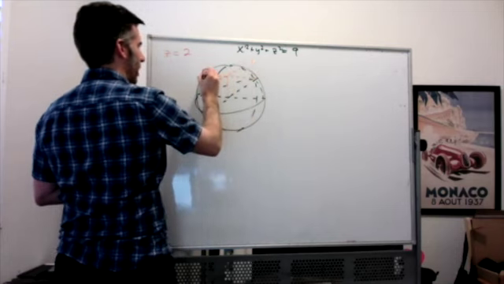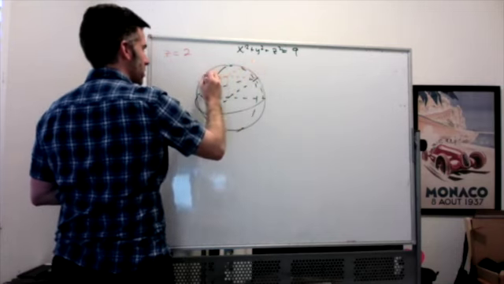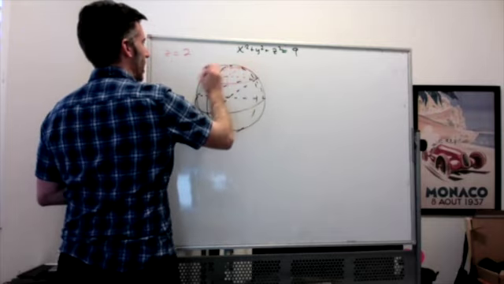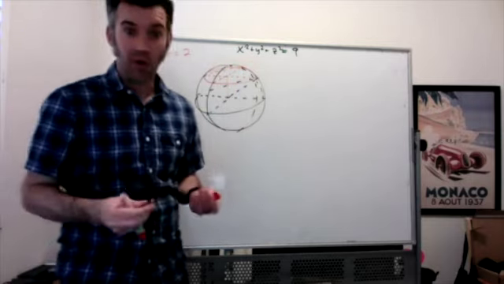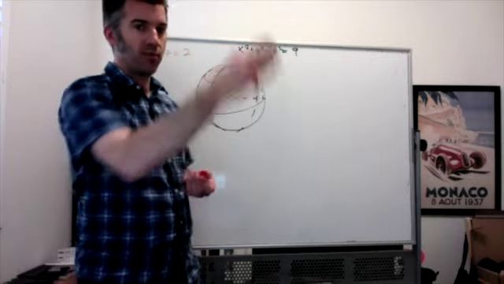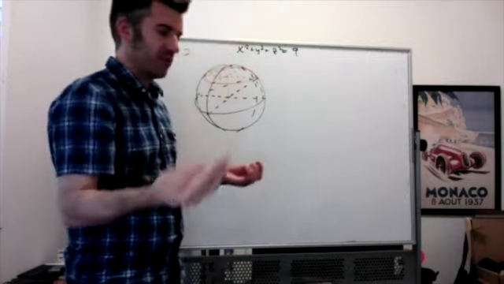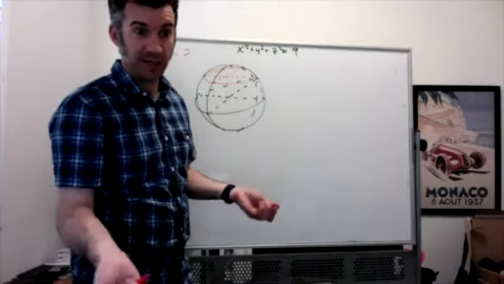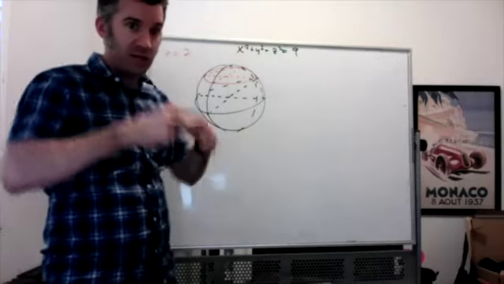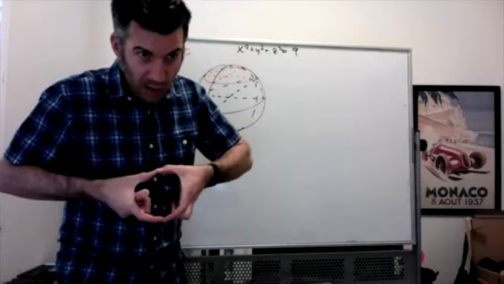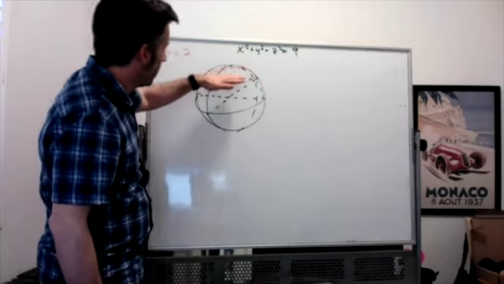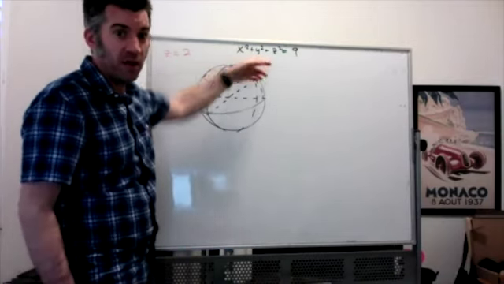Well, I think everyone can hopefully visualize that if you took an orange and you sliced off the top, what's the shape you're left with? It's a circle. So when you intersect the plane with the sphere, you get a circle.